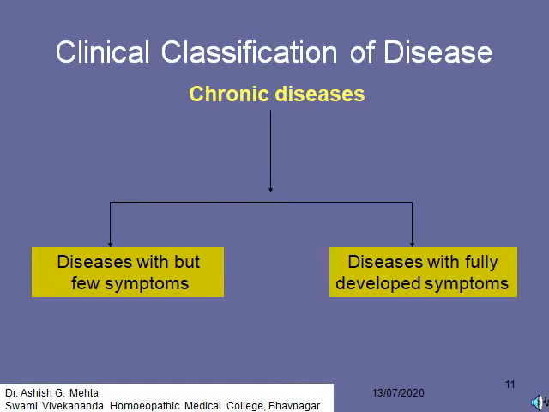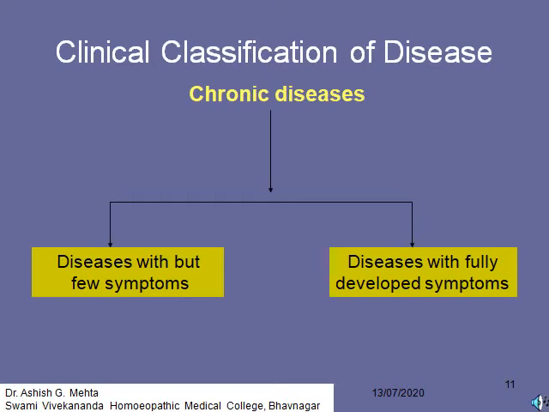These chronic diseases manifest themselves through perceptible signs and symptoms. And according to the manifestation of perceptible signs and symptoms, and their quality and quantity, Dr. Hahnemann has further divided chronic disease into two main categories. The first one is the diseases which manifest with few symptoms, and the second is the diseases which manifest themselves with fully developed symptoms.